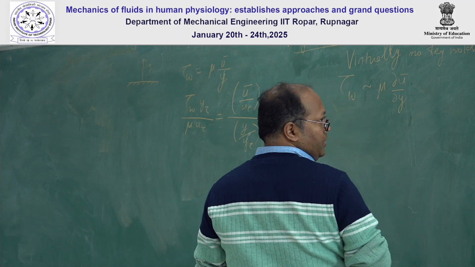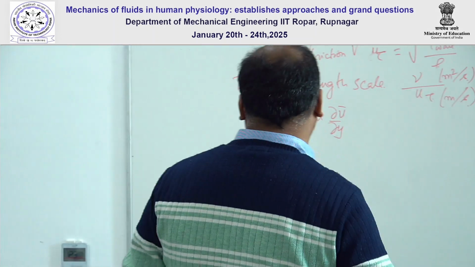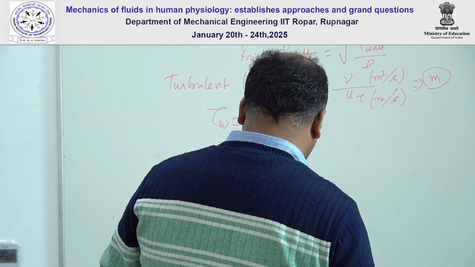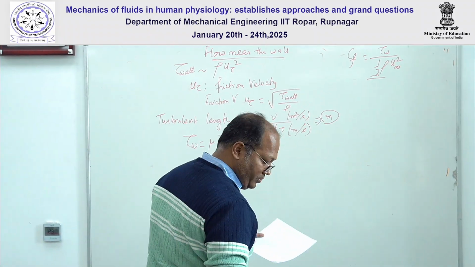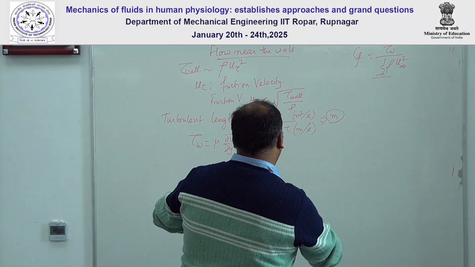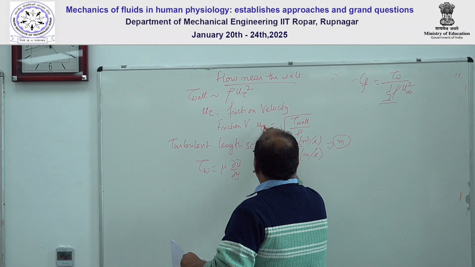What is the difference between this y and y tau? Let me just, I think I didn't write down the y tau. So y tau is this one only actually. This is the y tau. So this is u tau.